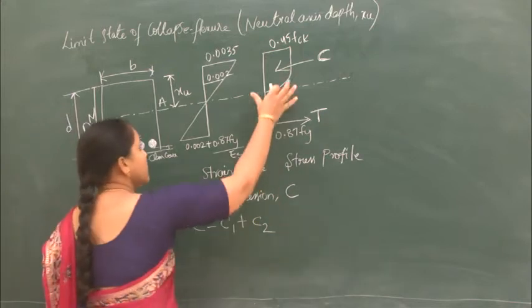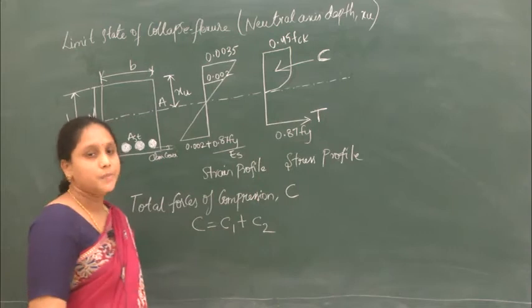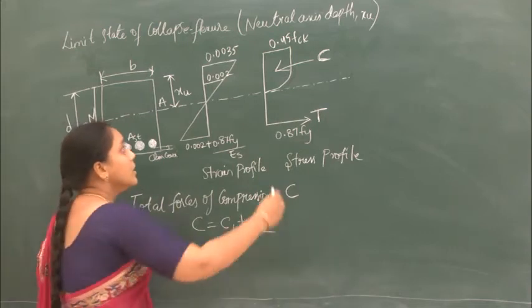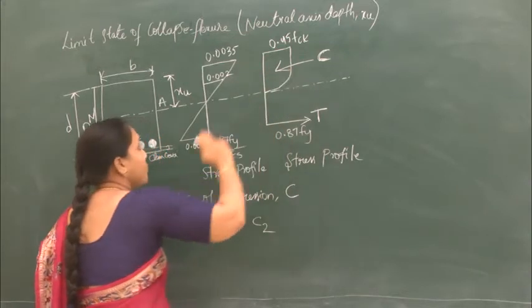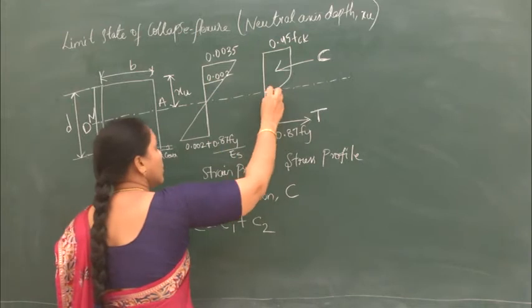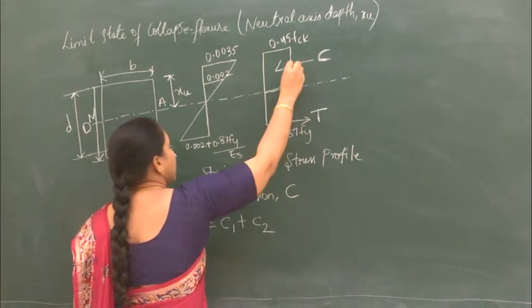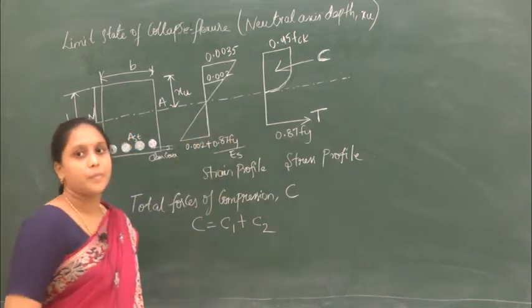If you observe this particular stress profile, this stress block, up to a strain of 0.002 it is parabolic and here it is linear.